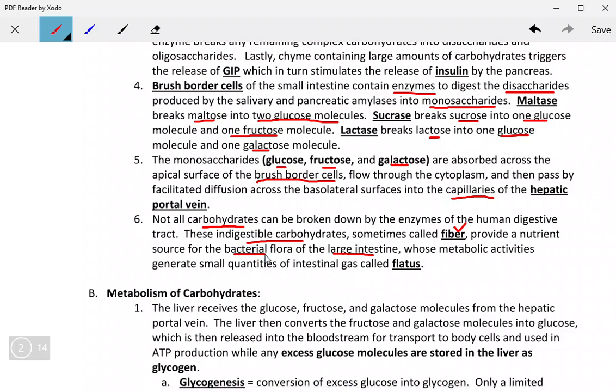And the large intestine can use those nutrients to help us make some important vitamins. It's good for us, but the side effect is this can produce some intestinal gas known as flatus, so it produces this effect of flatulence. All right, so the gas produced by our intestine is actually coming from the bacteria within our large intestine. Okay, so keep that in mind.